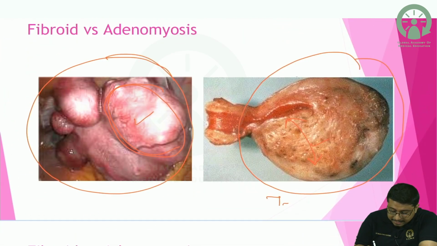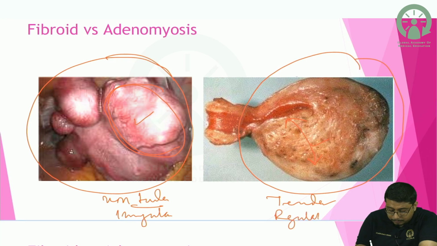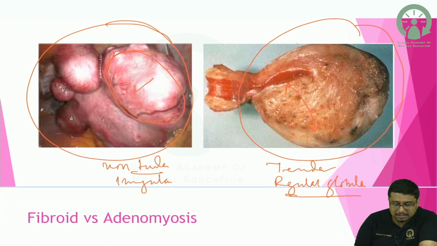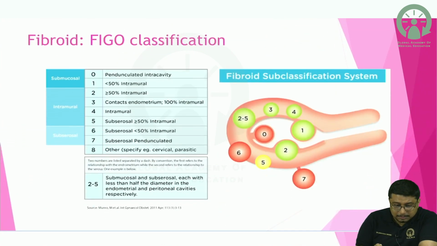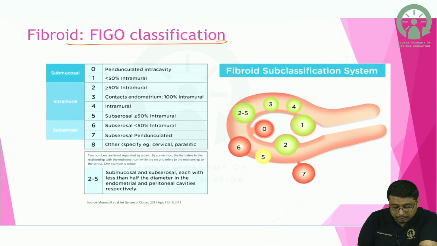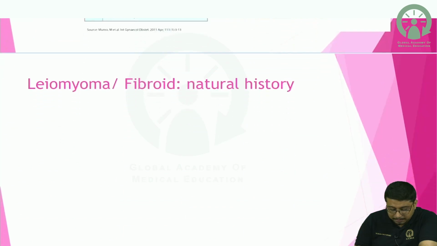So this is tender, this is non-tender on examination. This is irregular, this is a regular globular thing. So fibroid and adenomyosis distinction is pretty easy and straightforward. I think all of you will be able to do that. So know this fibroid FIGO classification, know which one is what. This is very much self-explanatory and I'm not explaining it.